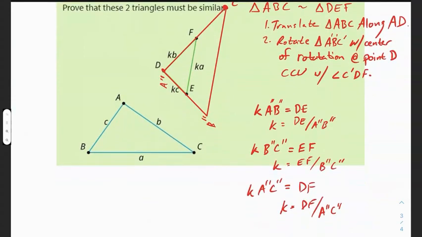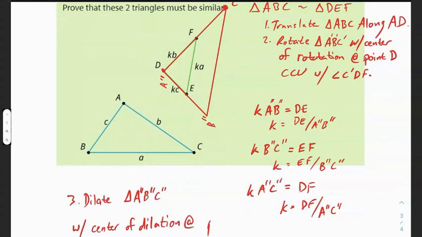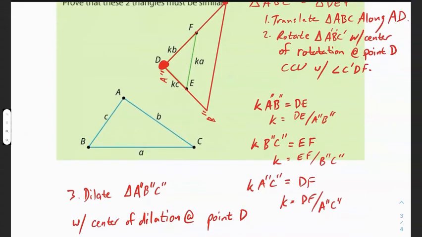So lastly, we want to dilate triangle A double prime, B double prime, C double prime with center of dilation at point D, all right, or A double prime, right here, where the scale factor is basically going to be the same for all the sides.